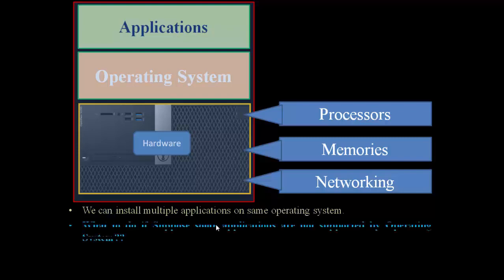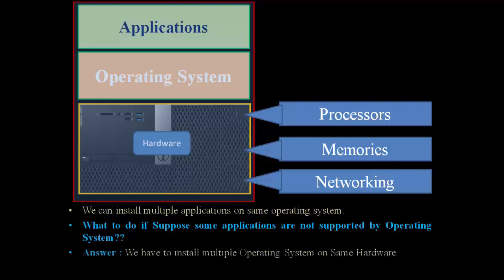Now the question here is what to do if some applications are not supported by the operating system. Suppose we are using Windows 7 as an operating system and we are trying to install one application, but this application is not supported by Windows 7. So now what do we need to do so that we can install this application?